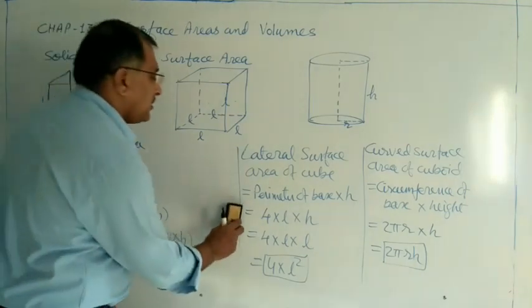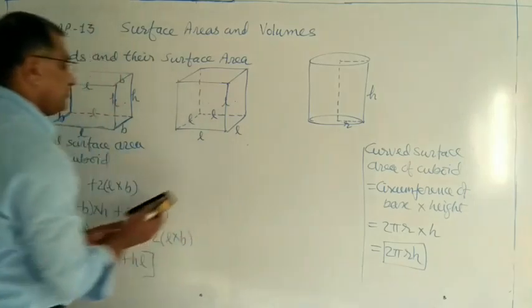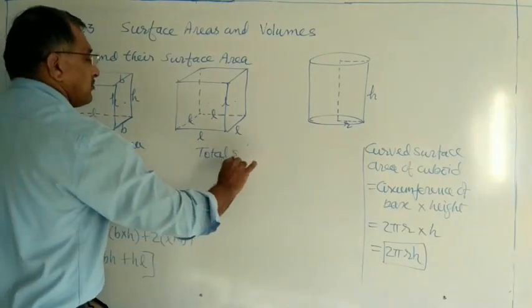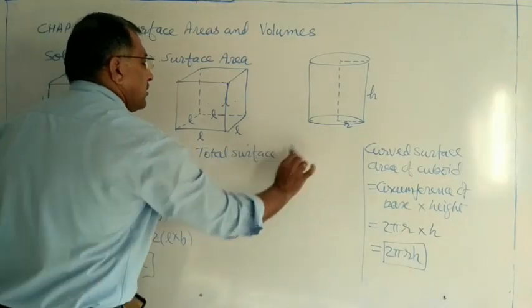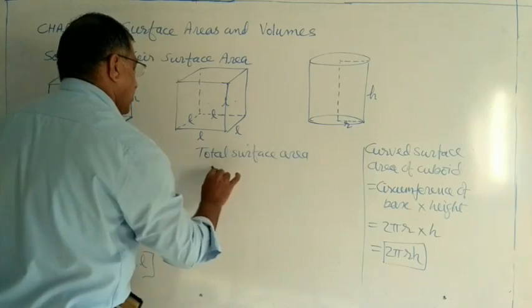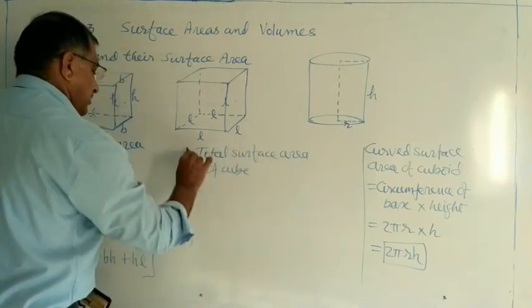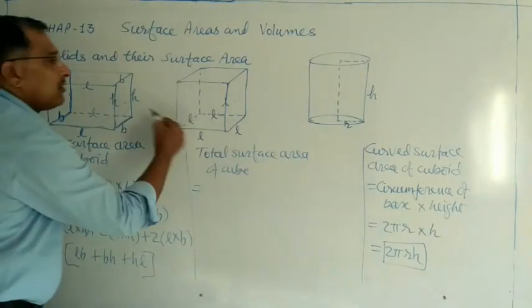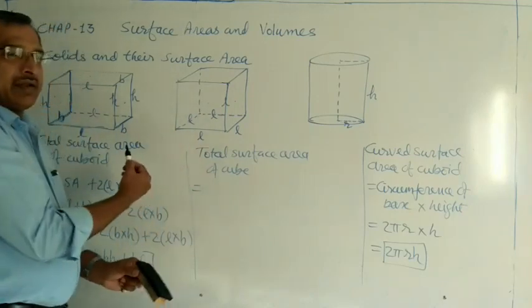Now let us start total surface area of cube. Here also we have seen area of all the four surfaces, that is lateral surface area.